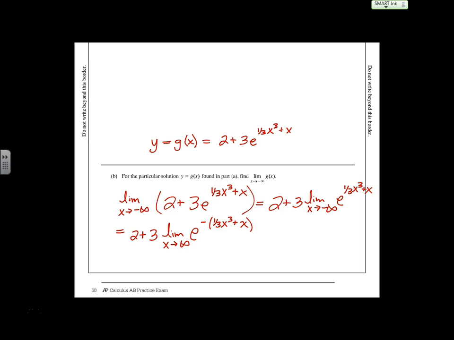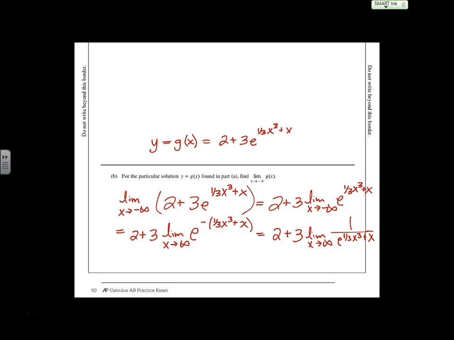Both of these end up becoming a negative power. The reason I'm showing you this is because whenever you have a negative power, I brought the negative from the infinity up into the power. What's true whenever you have a negative and a power? Just from pre-calc, from Algebra 2, from Algebra 1, over a negative and an exponent, isn't it 1 over? So it's 1 over e to the blah, blah, blah.